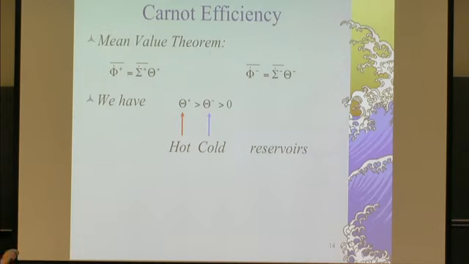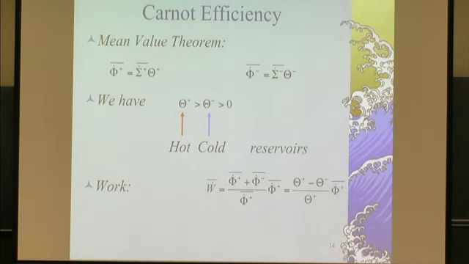And for the properties I told you before, so this is positive, positive, positive, negative, negative, positive, we get that theta plus is larger than theta minus. So this corresponds to an average, in some sense, hot and cold reservoir. And what you obtain, this is quite nice, that the work is equal to, guess what?